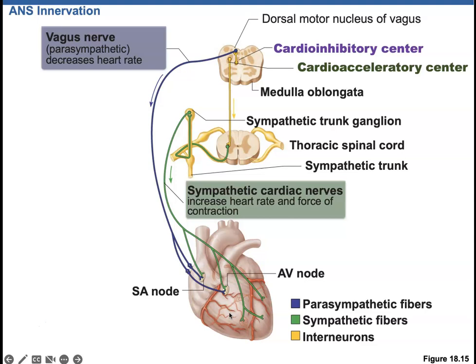So this is why we can very, very quickly speed up our ventricular function in our heart, but you don't want to slam on the brakes. So where you see cardioinhibitory, this is the vagus nerve, slow things down. Cardioacceleratory, this is your sympathetic branch, speed things up.